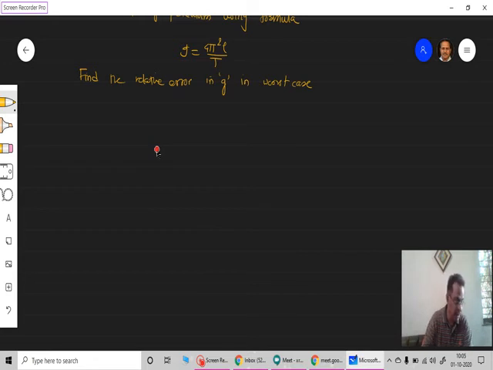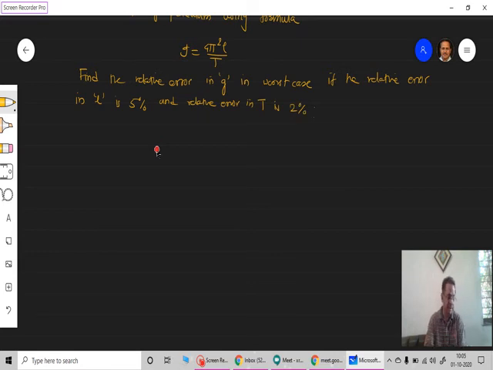In worst case, if the relative error in L is 5% and relative error in capital T is 2%. So this is the statement you have been given of this example. You have to solve this particular question very easily as shown.